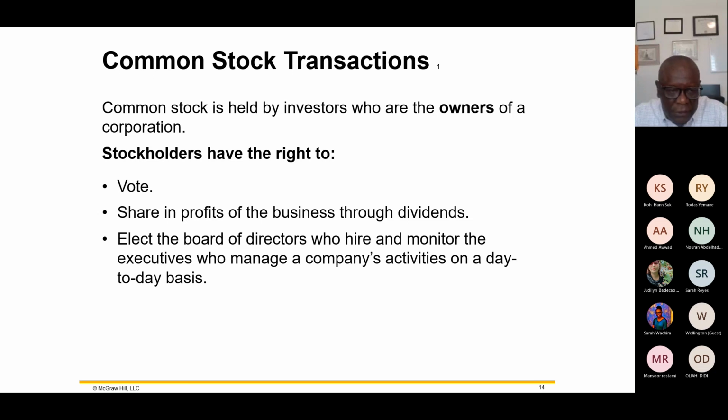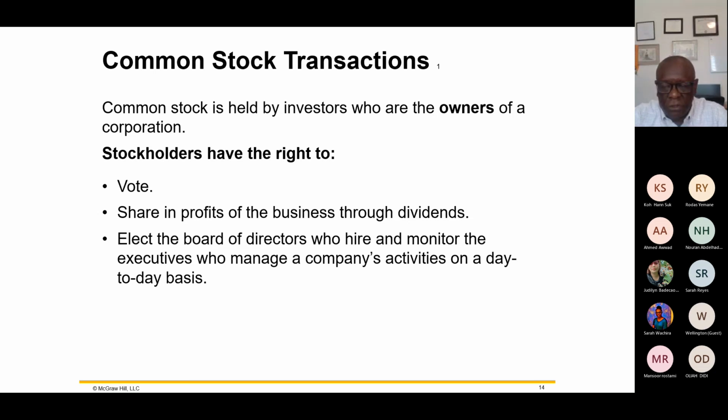The next one is a share in the profit. That is what we call the dividends. When the company finalizes the income statement, the board will decide based on the company's policy, of course, that 5% or 10% of the net income is for dividend.